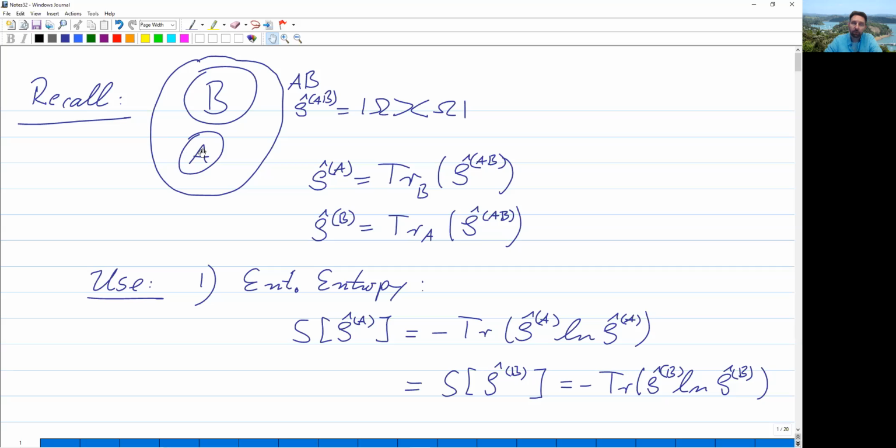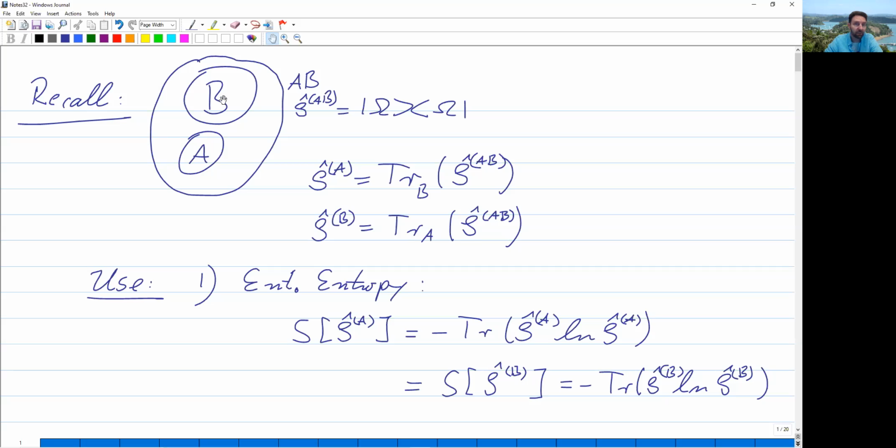Now we have all the tools available to consider that same process from the perspective of the big system AB. And now we can start with the pure state of both systems together, both subsystems together. And then that pure state will evolve unitarily according to the Schrödinger equation of the big system. And there's not going to be any collapse ever.